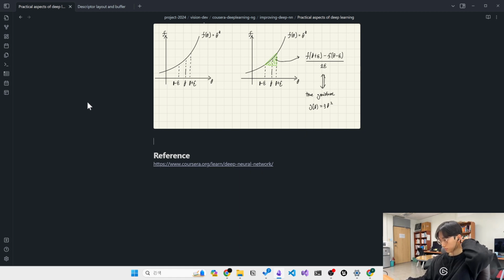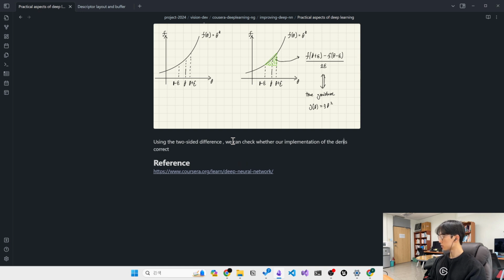So you've seen how by taking a two-sided difference, you can numerically verify whether or not a function g of theta that someone else gives you is a correct implementation of the derivative of a function f.